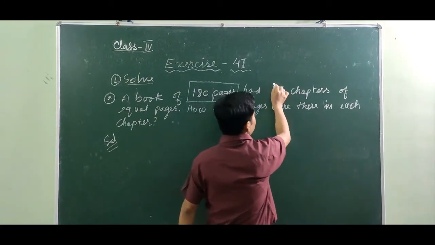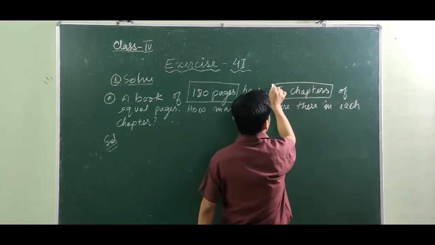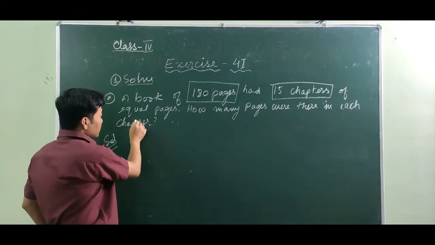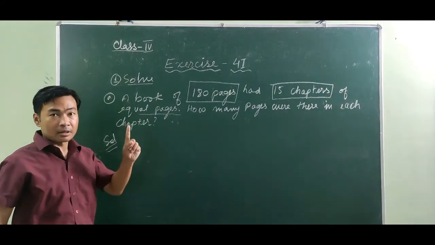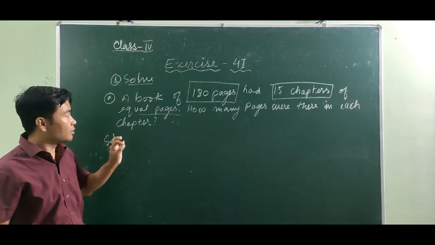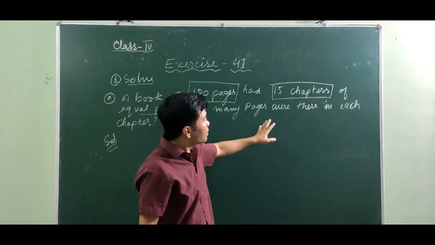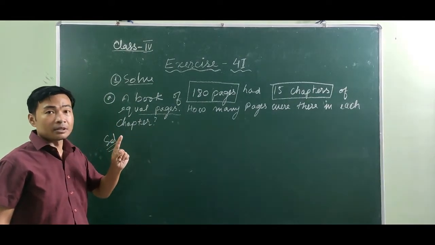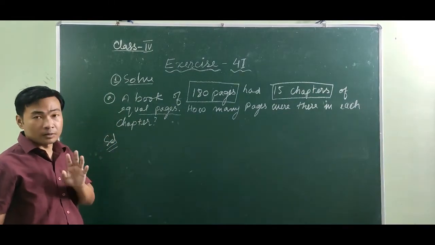So there are 15 chapters in this book of equal pages. So in each chapter there is an equal number of pages. So how many pages were there in each chapter? So in one chapter, how many pages are there? That we have to find out.